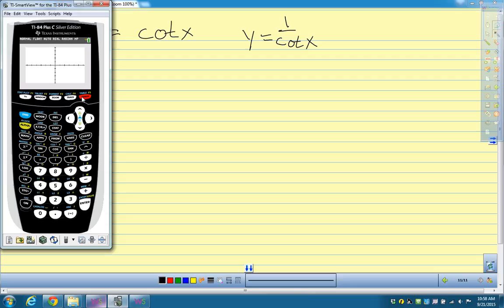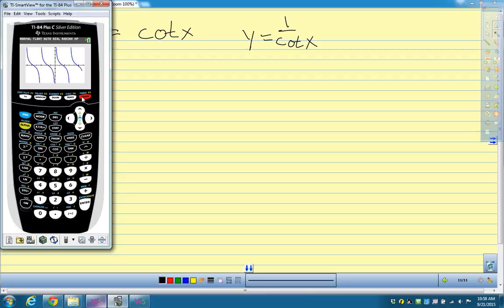And it looks very, very similar to y equals tangent of x. Who could tell me the difference between that and y equals tangent of x? Yes, Sarah? Right, it's going the opposite direction, right? And it has different asymptotes, right?